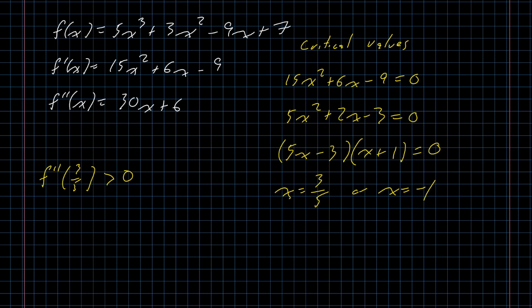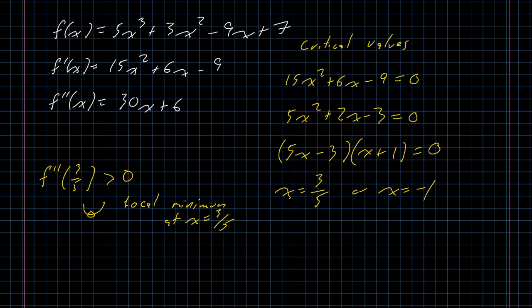That means that the function is concave up. And when the function is concave up, extrema have to be minima. So we have a local minimum at x equals 3/5.